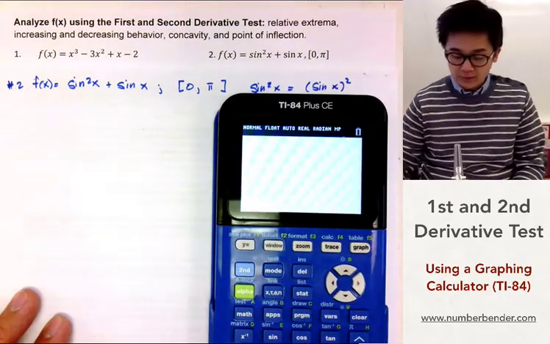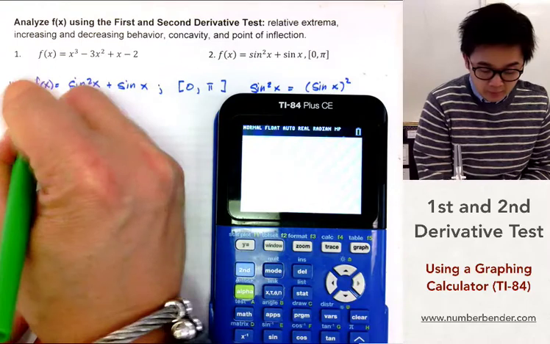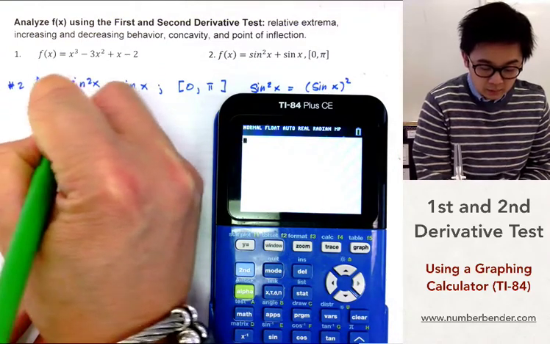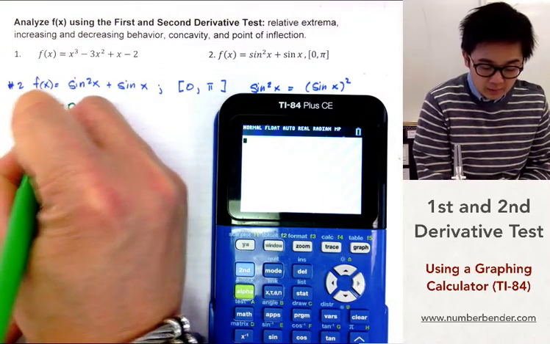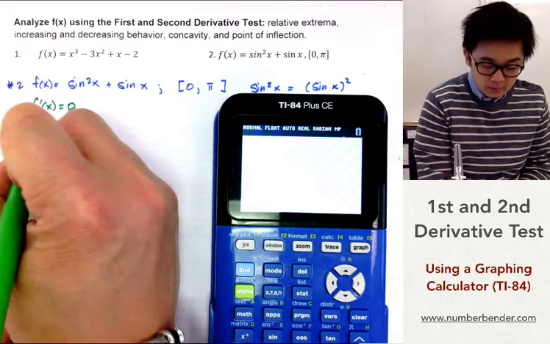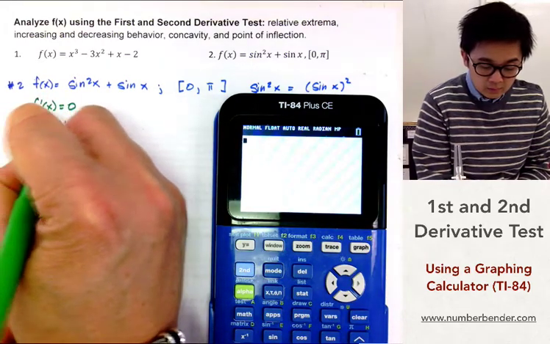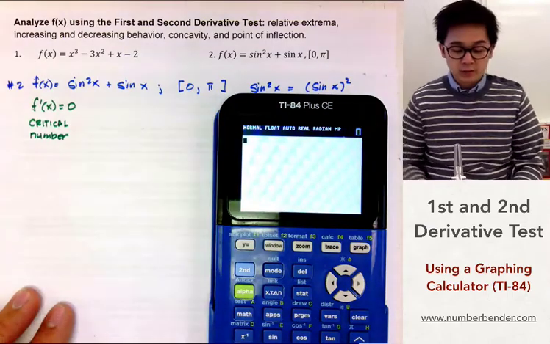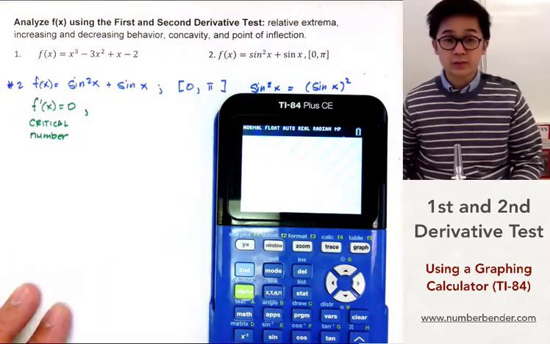So let's go ahead and find f prime of x equal to 0, which will help us find the critical number for our first derivative test.